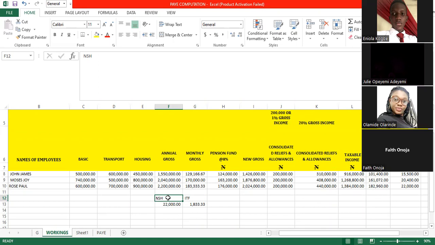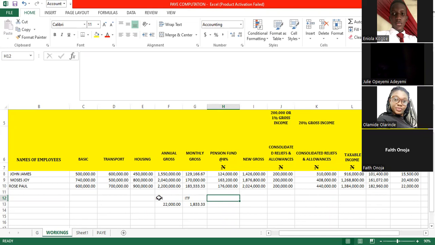HMO is not captured in salary or in payroll. Even the ITF is not captured in the payroll. The two basic ones commonly found in payroll are the National Housing Fund and the Nigeria Social Insurance Trust Fund.